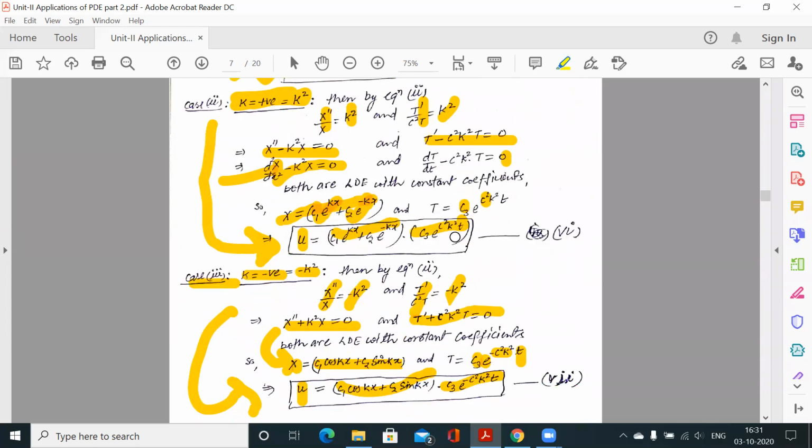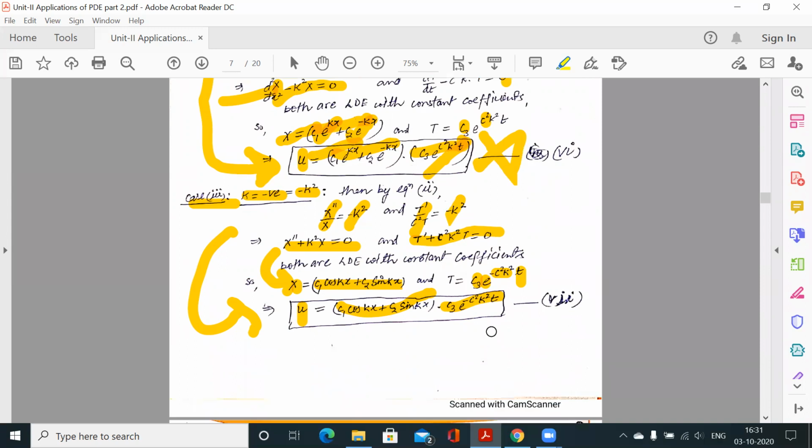Similarly, if you increase the time here, we get e to the power positive t. So when you increase time, this will increase, that means u will increase. So this again is not our solution.